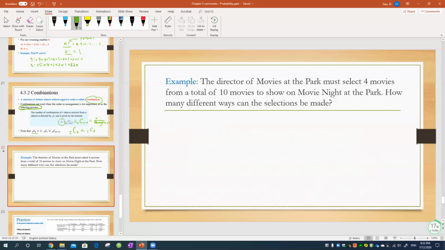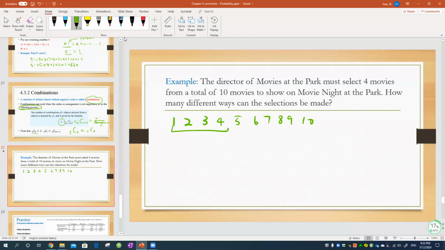We can just use numerical values to represent the 10 different movies: 1, 2, 3, 4, 5, 6, 7, 8, 9, 10. So we want to select 4 movies from a total of 10 movies.